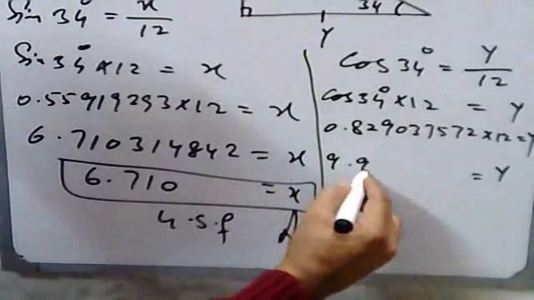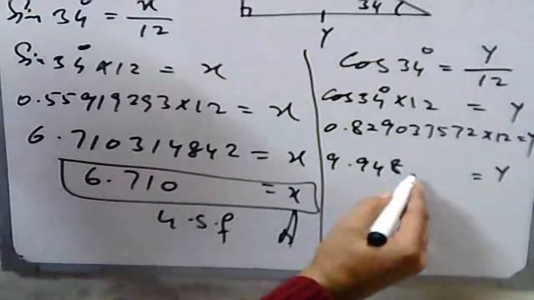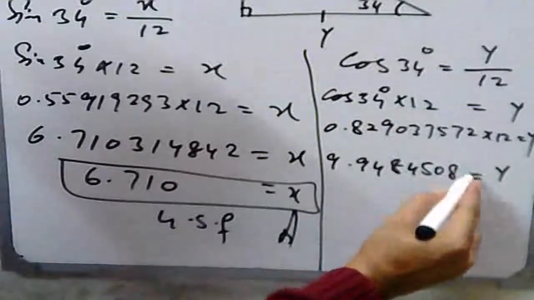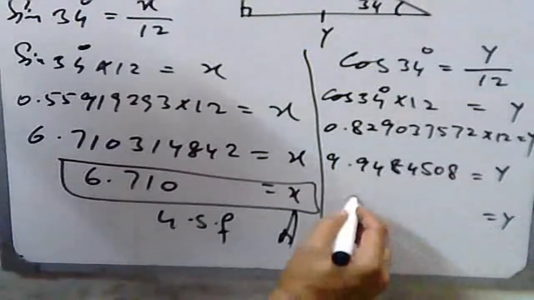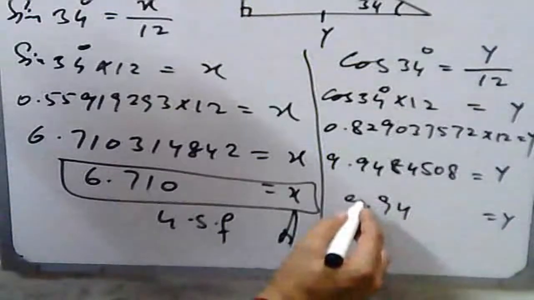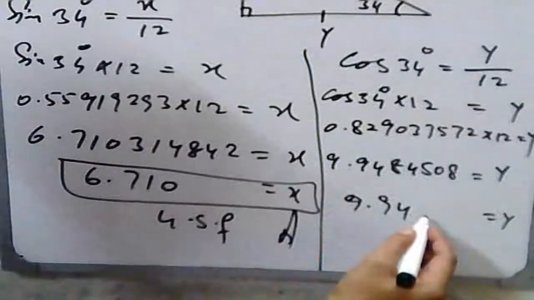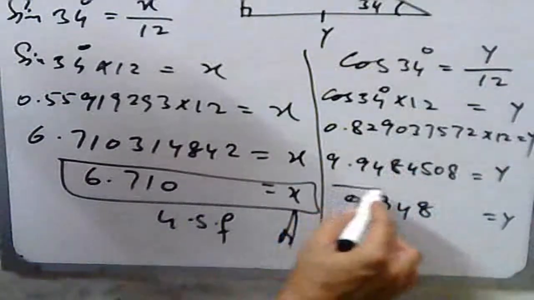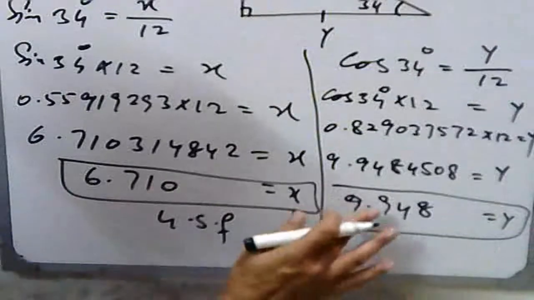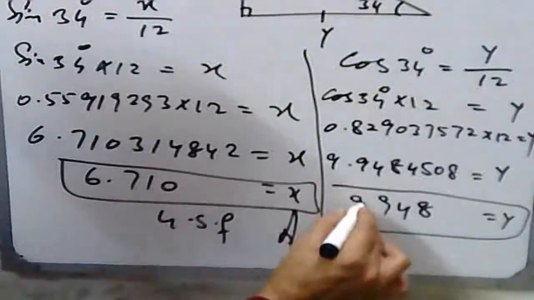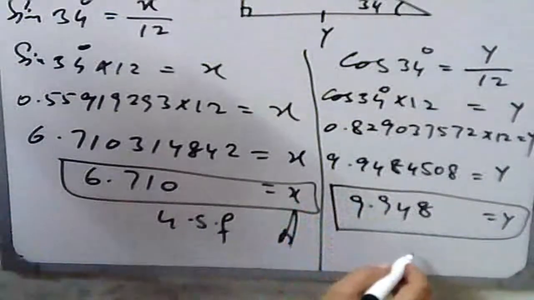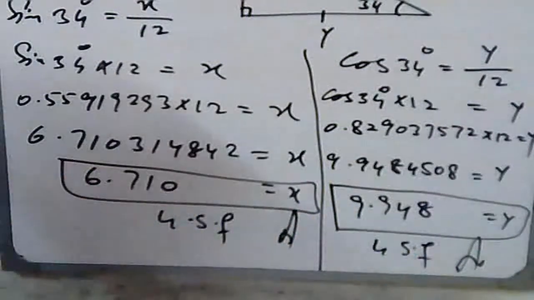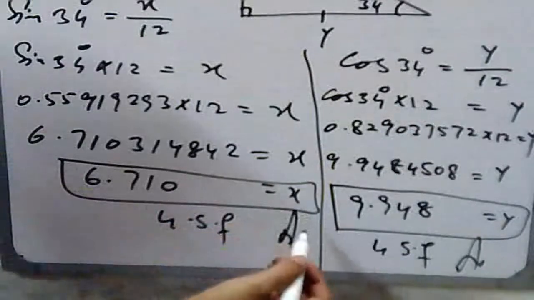After multiplication you will get 9.9484508, but we need up to 4 SF, so 9.948, because it is less than 50%, no need to add. So up to here, that is your 9.948 up to 4 SF is your result.